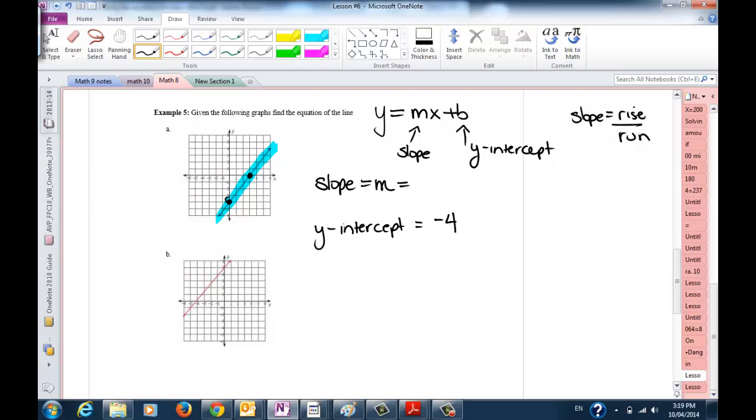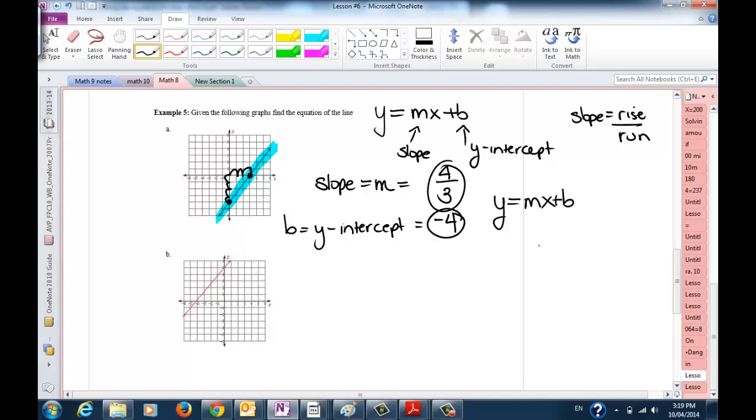So I'm going to go 1, 2, 3, 4 up. So my rise is up 4, my run is 1, 2, 3. So my slope, m, is 4 over 3, and it's positive. My y-intercept is -4. Remember, the y-intercept is b. So with my equation, y equals mx plus b, I have y equals, my slope is 4 over 3, x minus 4 is b.